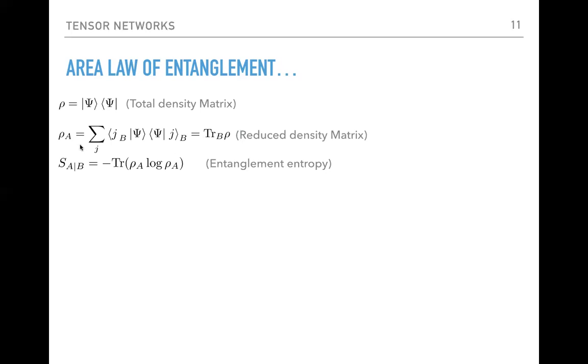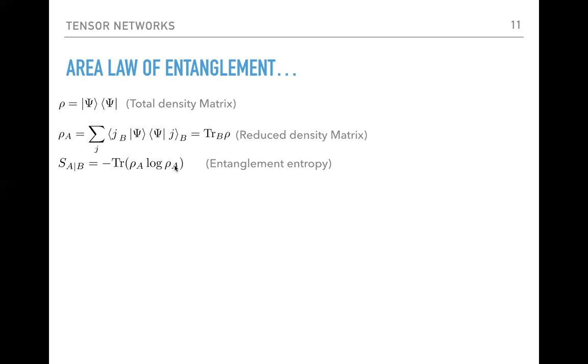If you want the reduced density matrix of A, you trace over the degrees of freedom which belong to B. And this is what is written here. And there is another quantity that you can calculate once you have this reduced density matrix, which is the entanglement entropy. This is just how much those two subsystems are entangled. And this is defined in this way.